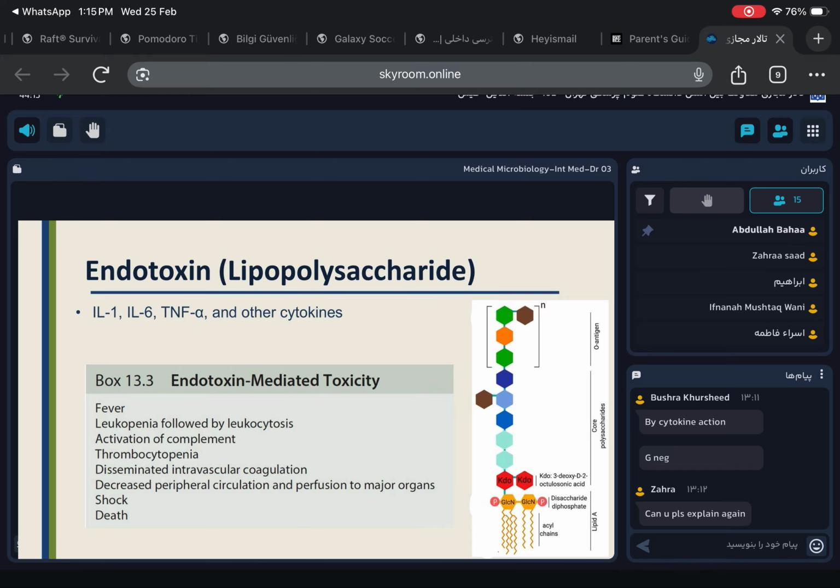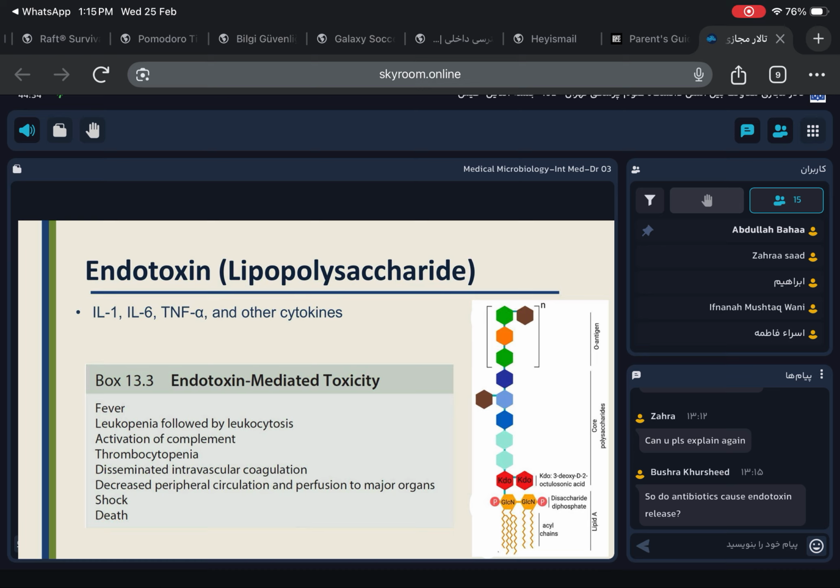Also, endotoxin can lead to hypotension, which is low blood pressure. And when we have low blood pressure, it interferes with the perfusion of organs. If the blood pressure is very, very low, it can lead to septic shock.